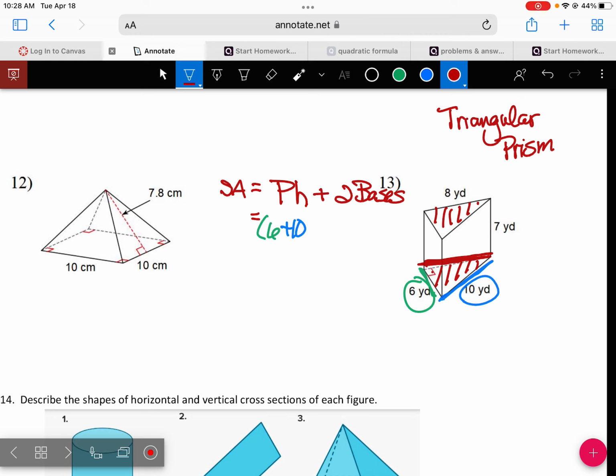In red. It is not 10. Are you telling me we have to use Pythagorean theorem again? Actually, no. Look at the picture carefully. Oh, it's 8. It's up at the top. So this is 8.